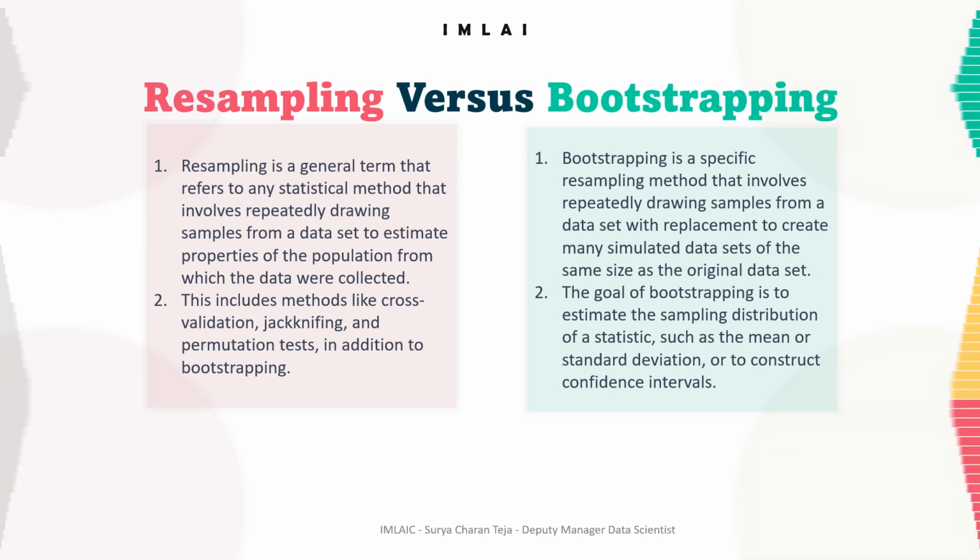Now let's put it in a sentence or two so you understand the exact difference between resampling versus bootstrapping. The key difference is that resampling is a broad category that includes many different methods such as cross validation, jackknifing, permutation tests, and bootstrapping, while bootstrapping is a specific method that involves resampling with replacement.